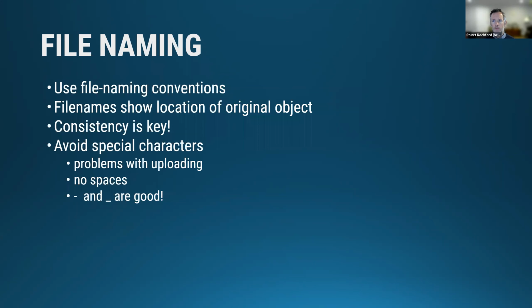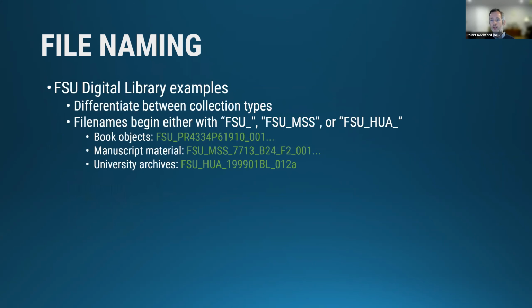And I'm going to have to run through these pretty quick. So here's an example of digital library file naming. Our file names typically begin with FSU, FSU MSS, or HUA, depending on what type of material or what collections we're working within. And that allows us to track the file back to the original location in our stacks, in our collection.